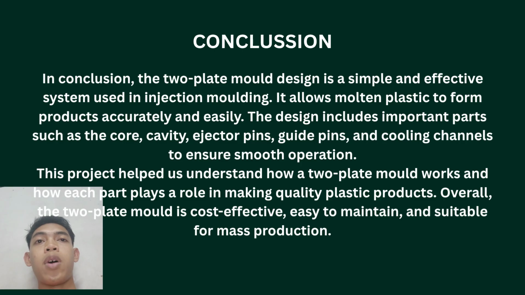This project helped us understand how a two-plate mold works and how each part plays a role in making quality plastic products. Overall, the two-plate mold is cost-effective, easy to maintain, and suitable for mass production.